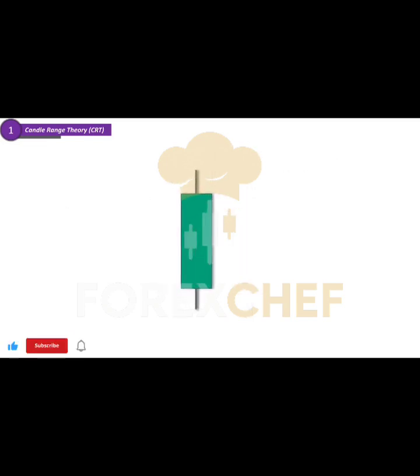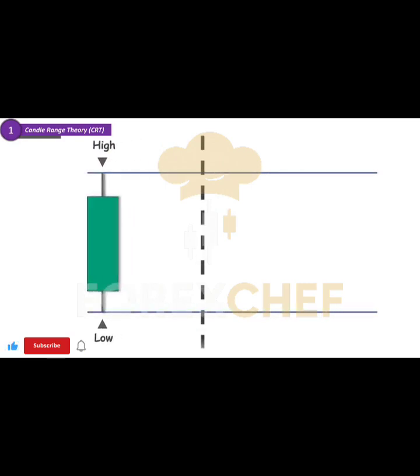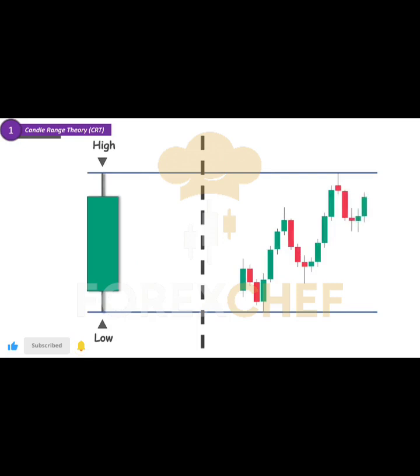Starting with the first candle, the candle range theory suggests that every candle's high and low act as the most important liquidity levels that the following candles will use as targets. The reason is that if you break this candle down into lower time frame candles, you'll notice that the high and low of the candle often act as turning points on the lower time frame. For the daily candlestick, these turning points are the highest and lowest traded price during that day, which emphasizes the importance of these prices.